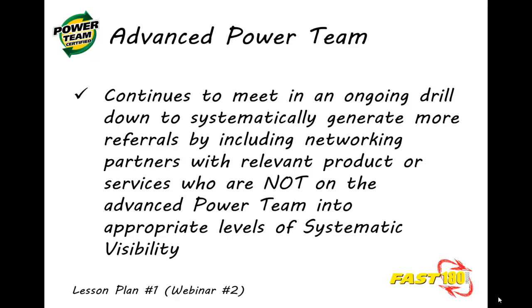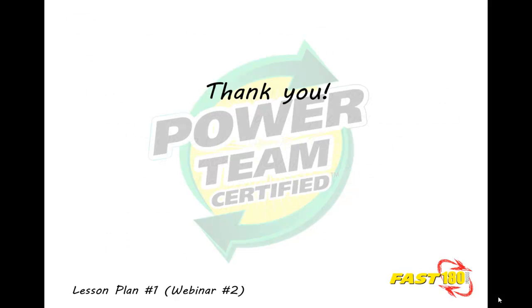If you can get to the advanced power team, you're going to see success beyond your wildest expectations. So that completes webinar number 2. And if there were any questions, go ahead and type them in.